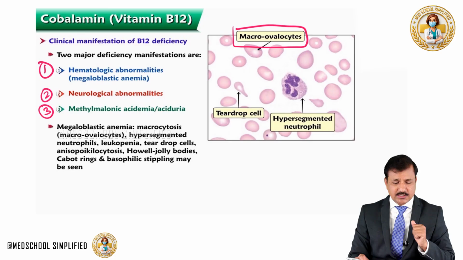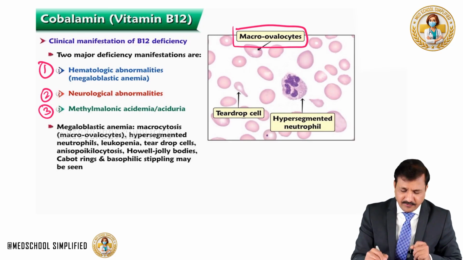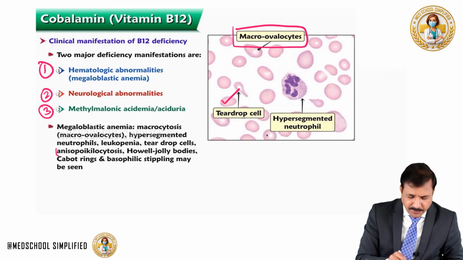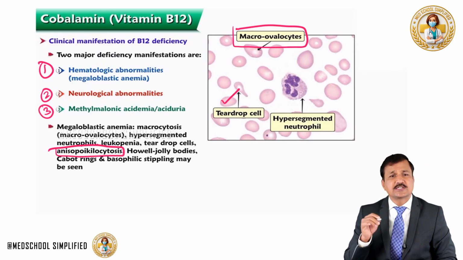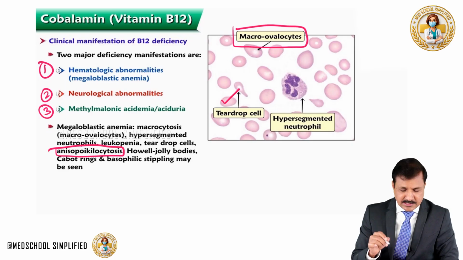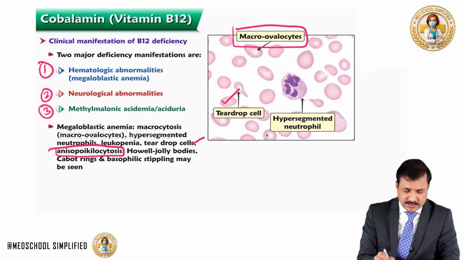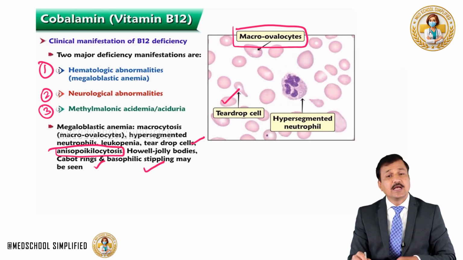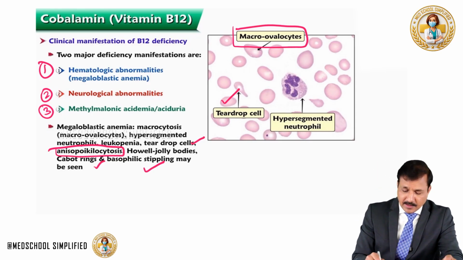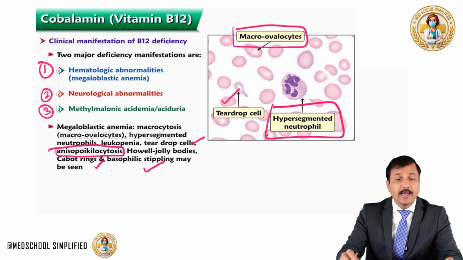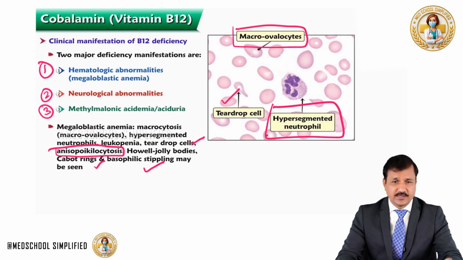Along with macro-ovalocytosis, the peripheral smear will show teardrop cells, and anisopoikilocytosis, that is variation in the size and shape of the red blood cells, can be seen. Inclusion bodies like Howell-Jolly bodies, Cabot rings, and basophilic stippling can be seen, and also most importantly, the peripheral smear will show hypersegmented neutrophils.